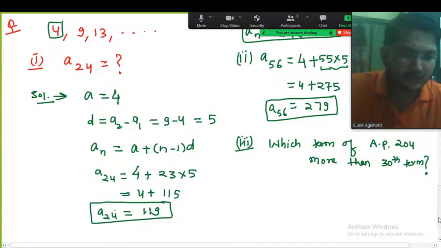You can take 2 minutes to solve and then tell me the answer.